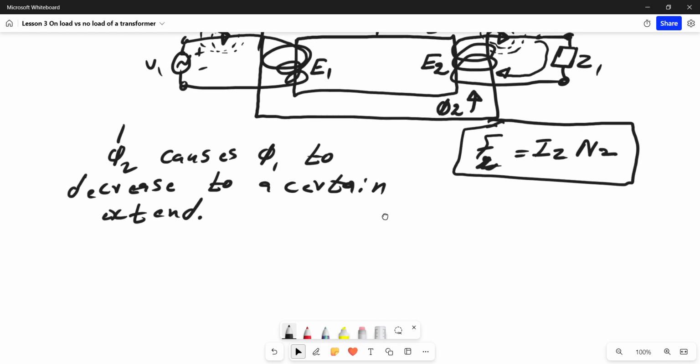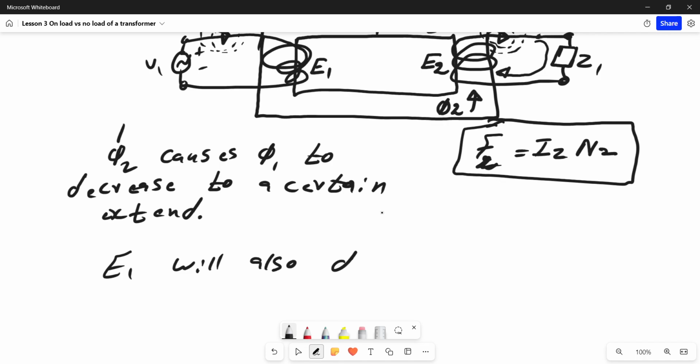E1 will also decrease to a certain extent.